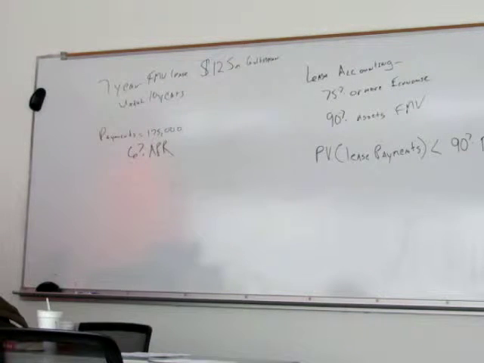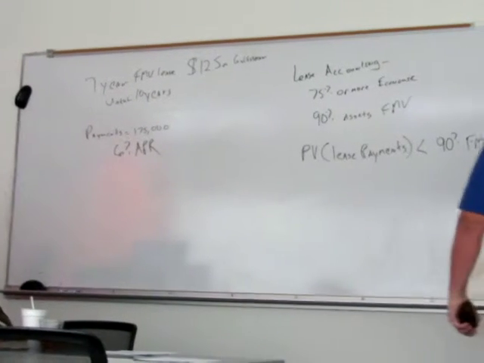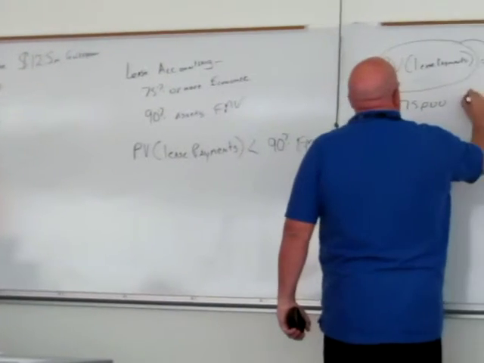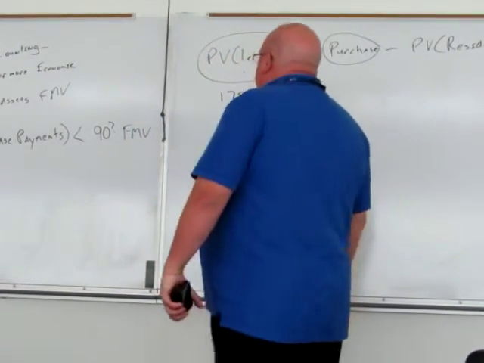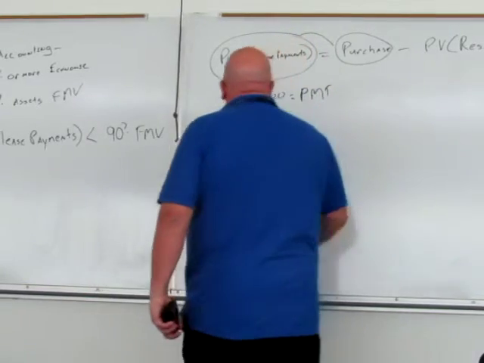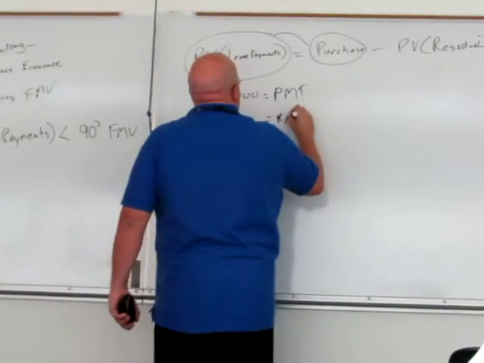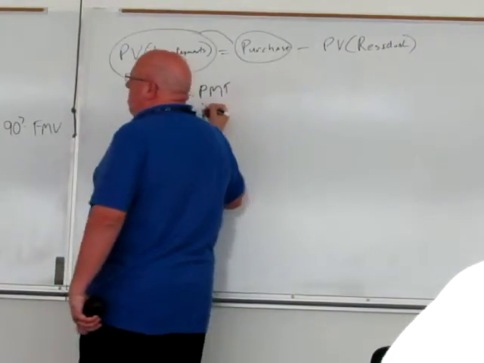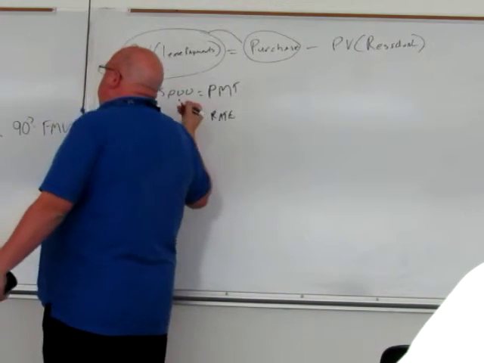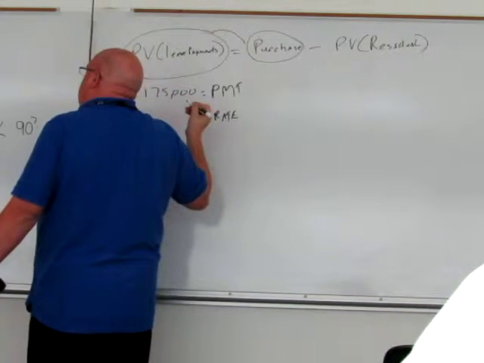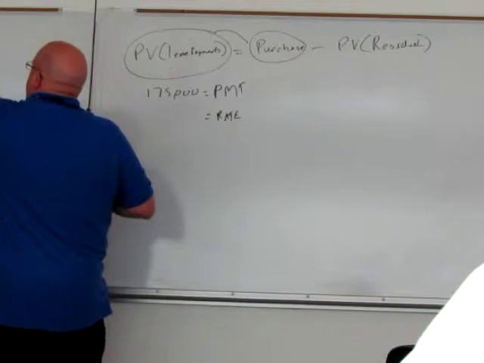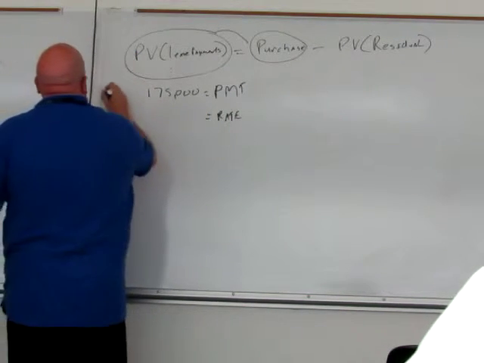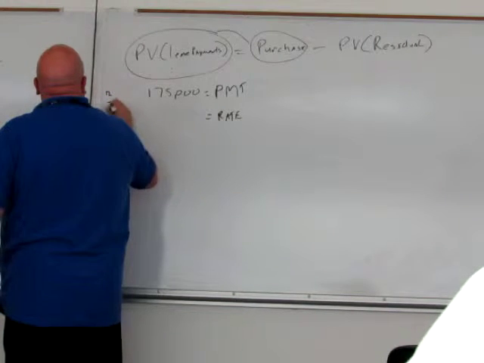If I know the lease payments, then what can I do? That's my payment. What's my rate? 6%. How many years are we doing it for? It's a 7-year lease, right? So it would be 12 times 7, 7 years remaining. 84.